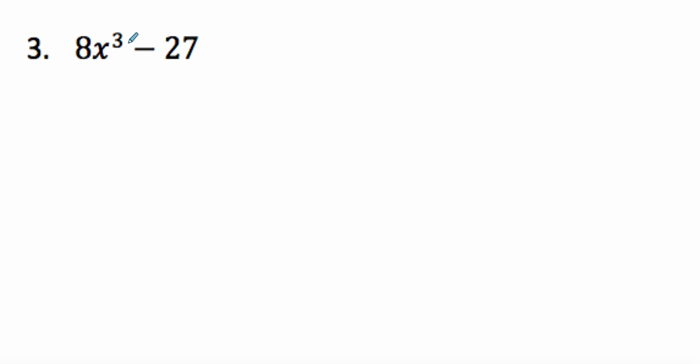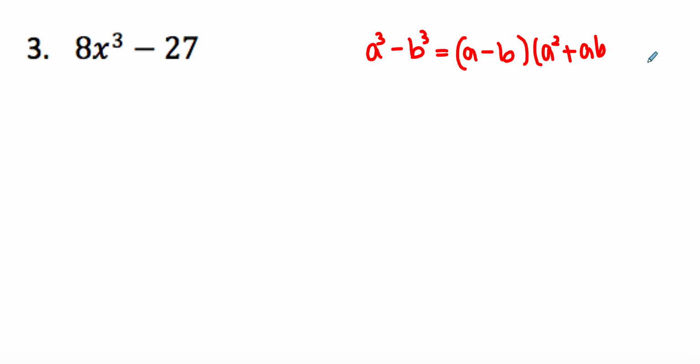All right, how about the next one? In this case, it looks like a difference of perfect cubes. Let me use different letters here. A cubed minus b cubed can be expressed as a minus b, the same expression as they are, and then a squared plus ab. Notice that this sign is opposite of that one.